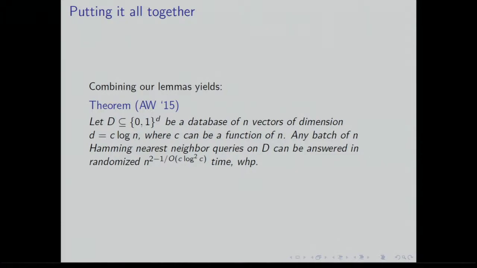But here we use it in a completely different way to make some small computations really fast. And by combining this with rectangular matrix multiplication tricks, we can do lots and lots of Hamming distance computations faster than you would expect to be able to. So that's really where this order c log squared t c term comes from.